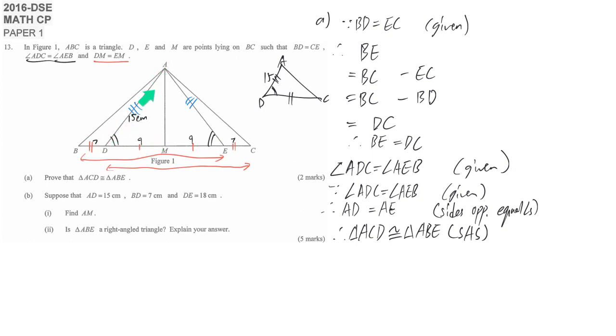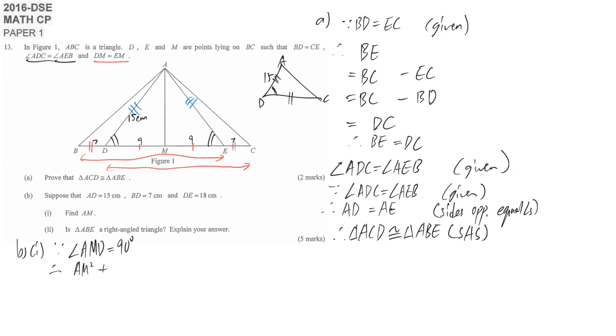If you look at triangle ADM and triangle AEM, they are congruent because of one pair of sides, one pair of angles, and also one pair of sides here. So they are congruent, which means that this angle is bisected by AM. This is 90 degrees. So part B1, since angle AMD is equal to 90 degrees, we can use Pythagoras theorem.